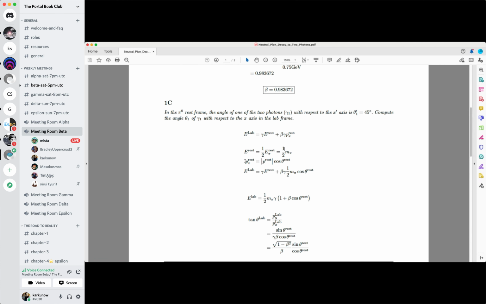To get the x component of the momentum of the photon in the rest frame, we take the magnitude and project it onto the x-axis using cosine of theta rest. Theta rest is 45 degrees, and we're projecting the momentum onto the x-axis to get this term here.